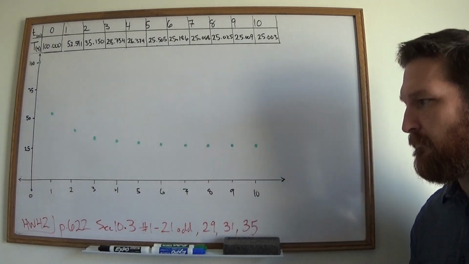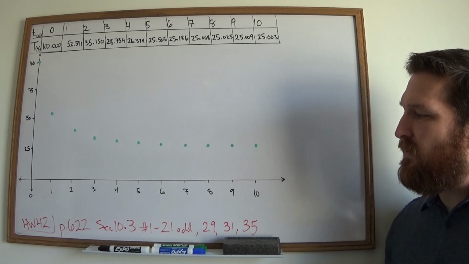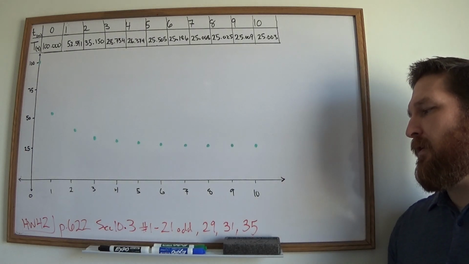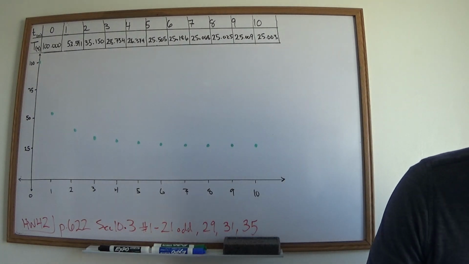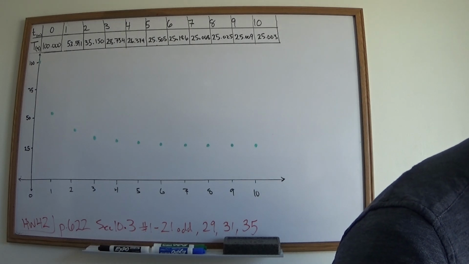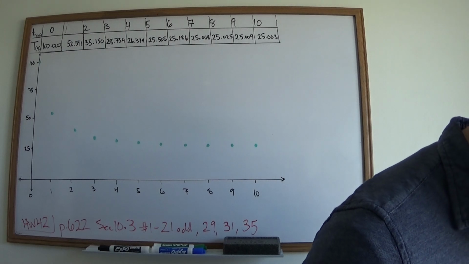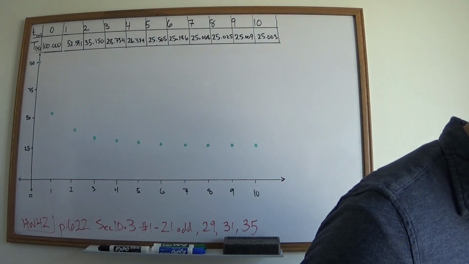Okay, now, homework 42, page 622, section 10.3, number 1 through 21 odd, 29, 31, 35. In 35, it says in exercise 13 in section 10.1, we formulated a model, blah, blah, blah.